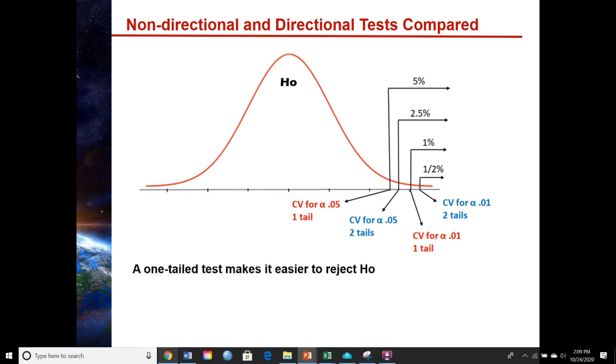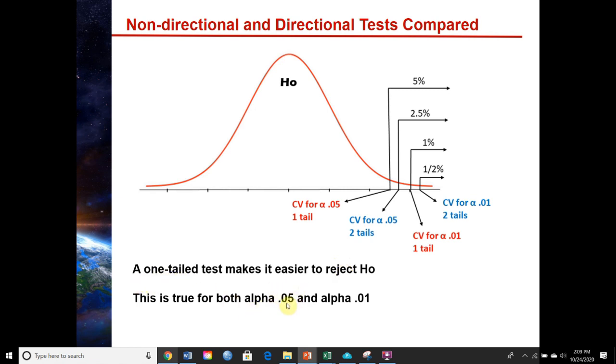Now you might think, okay, one tail test makes it easier. Maybe we should always be using a one tail test. Why not, right? Why not make it easier? Well, a couple of things before I explain. Just reviewing what we learned here, right? We know it's easier to reject H0 if you use one tail.